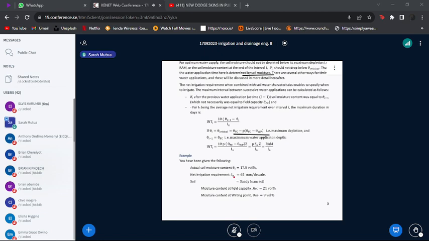That is why when I saw this irrigation scheduling being put together with irrigation and drainage 2, I wondered, because it goes very well with irrigation and drainage engineering 1, because IN is calculated using theta FC, theta PWP, theta, P, Z, and SA. All these things are very much in irrigation and drainage engineering 1 under the soil water plant relationship.